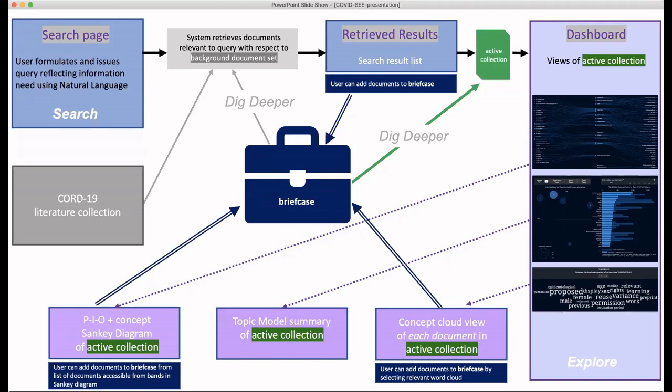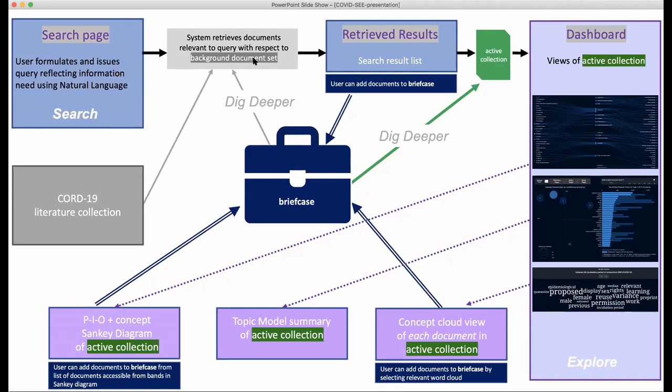And so from the retrieved results, we provide a dashboard with some visualizations, which I'll explain in a bit more detail in a moment, where they essentially have different views of the retrieved results and can then much more interactively examine those results and get a sense of the concepts and the relationships that are expressed in that literature, which may then lead them to go back to the search and refine their search over that collection.